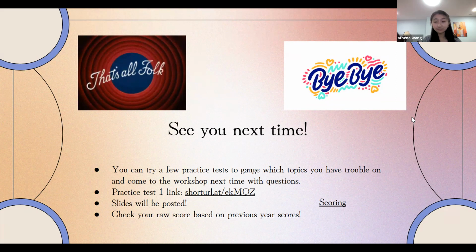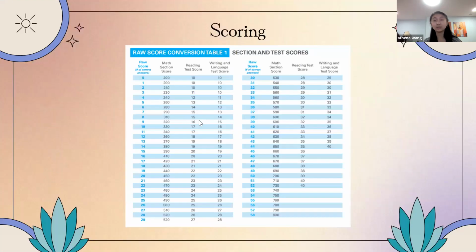And then practice test 1, the link is right there. And then the slides will also be posted on the Google Drive. And you can also check your raw score based on previous year scores. Just click on this link. This will just get you back to this scoring slide. So it's pretty easy to work with.